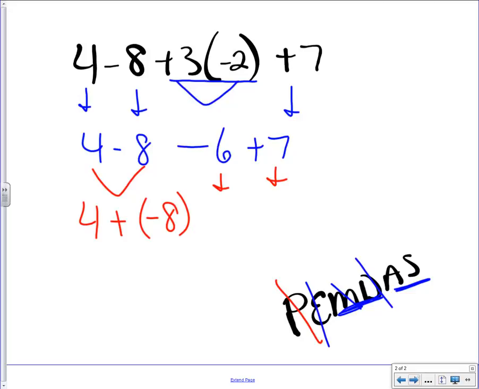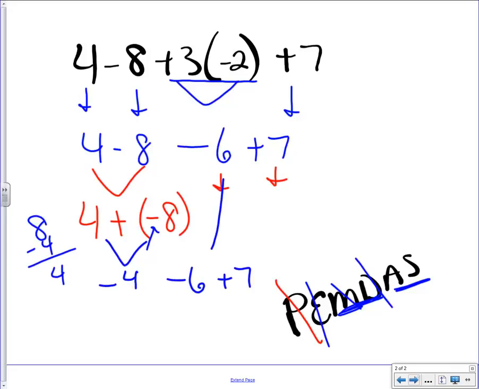And so now I'm going to look at this addition problem. I know that the rules are if the signs are different, I'm going to subtract and take the sign of the bigger number. And so when I subtract, I get 4. The bigger number is the negative 8, so I'm going to take negative 4 that came out of this piece. And the other parts that come down are the minus 6 and plus 7 that have not been used. They came all the way down here.